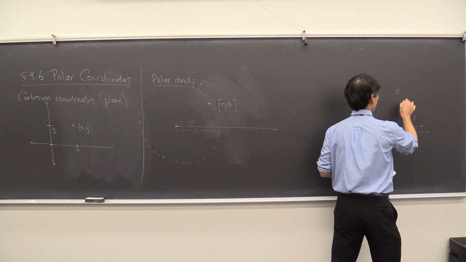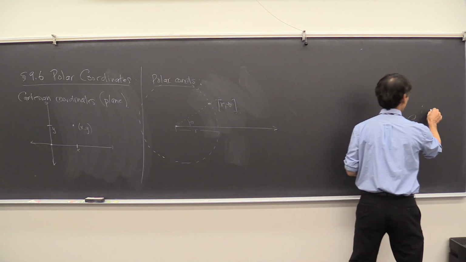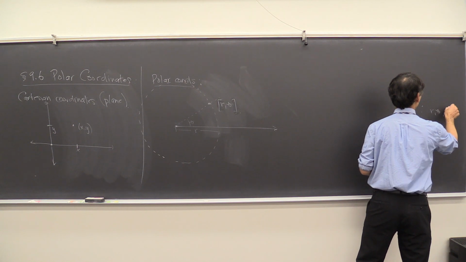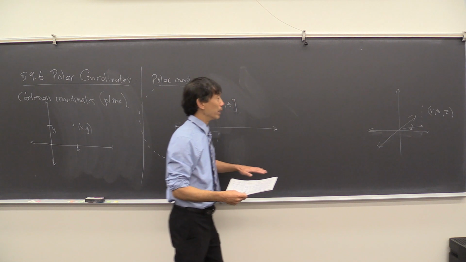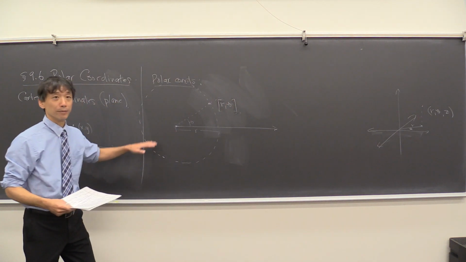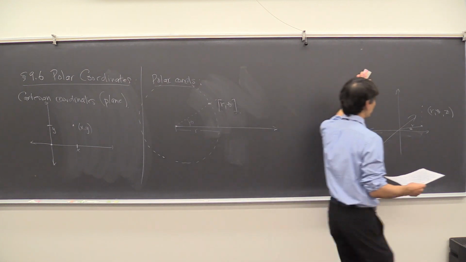But then for the z-axis, you just throw on the Cartesian coordinate. So you'd have things like (r, theta, z). And then there's something else called spherical coordinates, which is more like a real extension of polar coordinates. Anyway, don't have to worry about that right now.